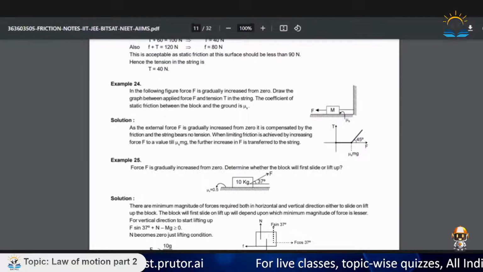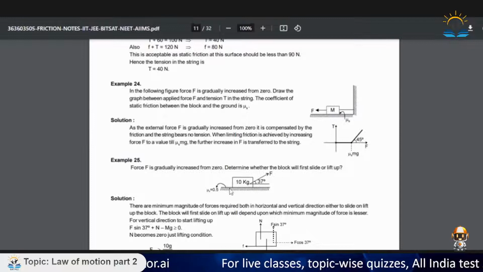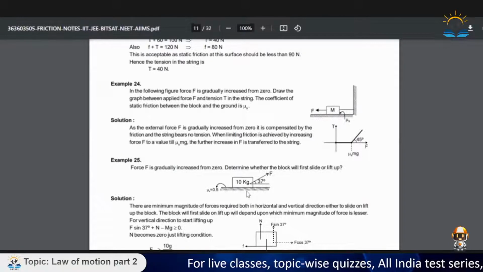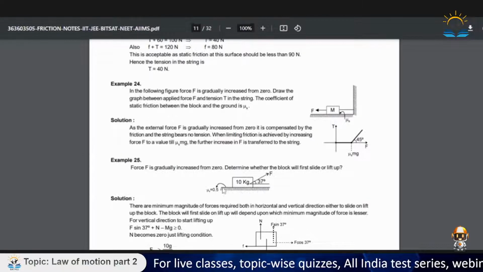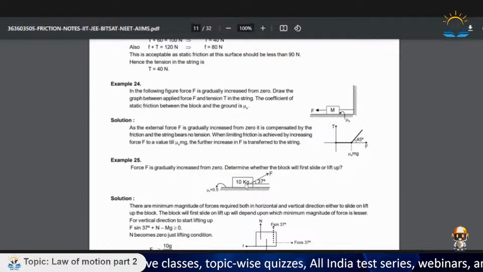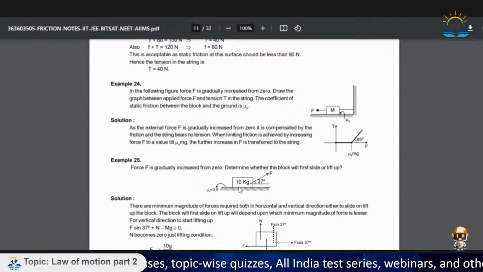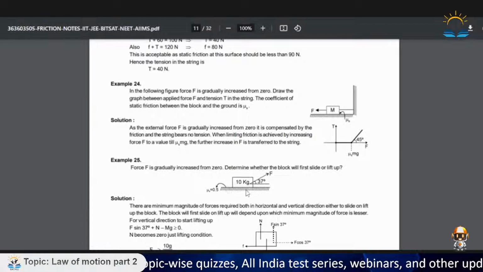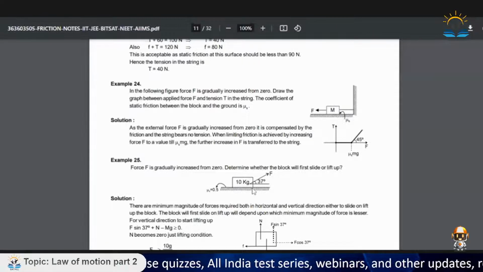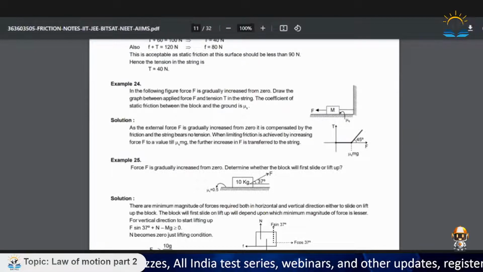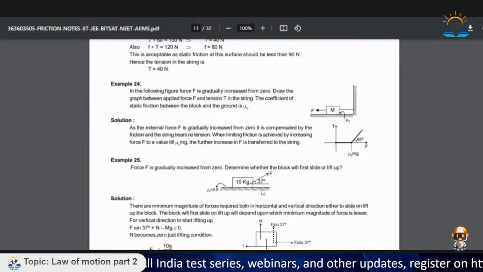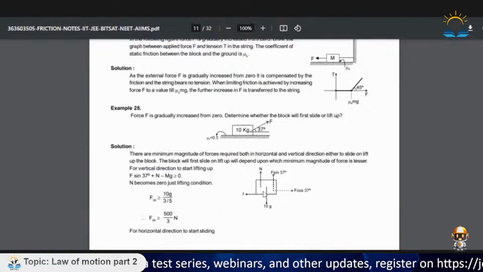And we see that the value of 400 by 3 is more than 50 newtons, that is the maximum friction that can act here. So this is not possible. So the block will first slide.